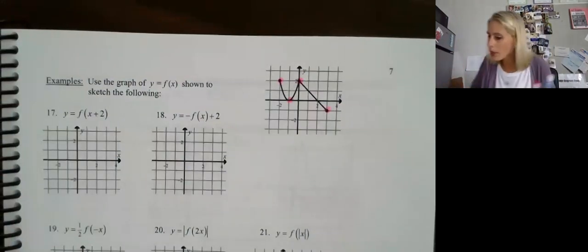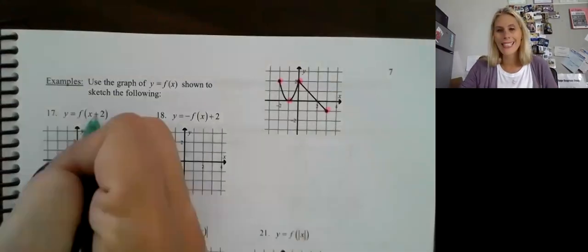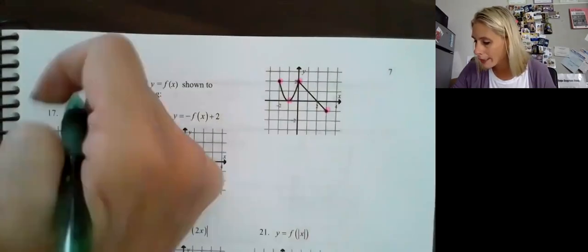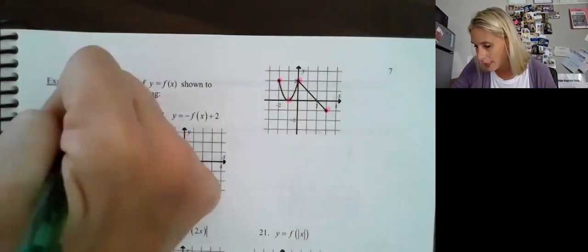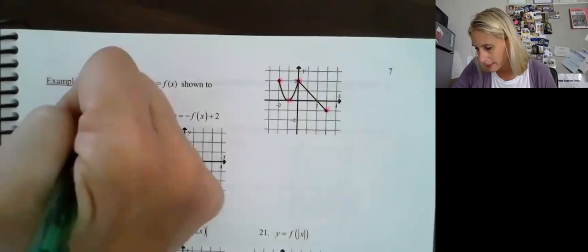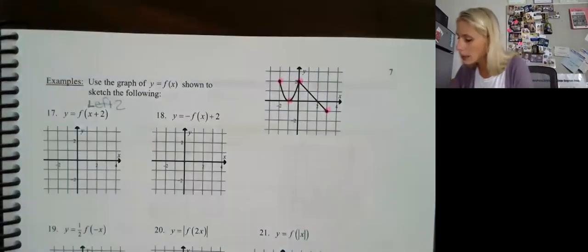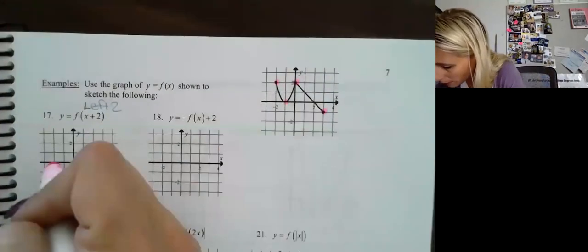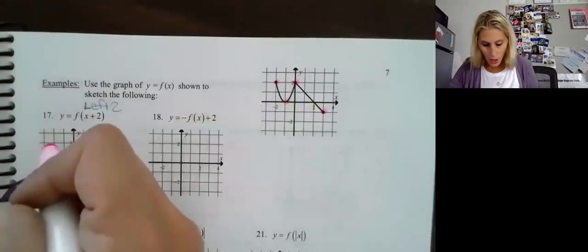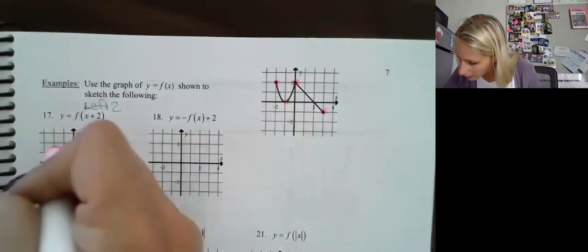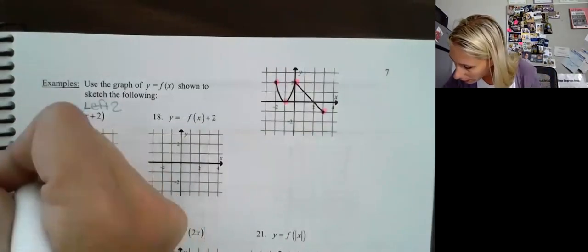So if you see, we are adding on the inside, which means left or right, but since we're adding, we're going to the left because we have to think of it as opposite inside, right? So we're going left 2. So I'm going to take each of these points where they are and go to the left 2. I'm going to be off the page a little bit here.